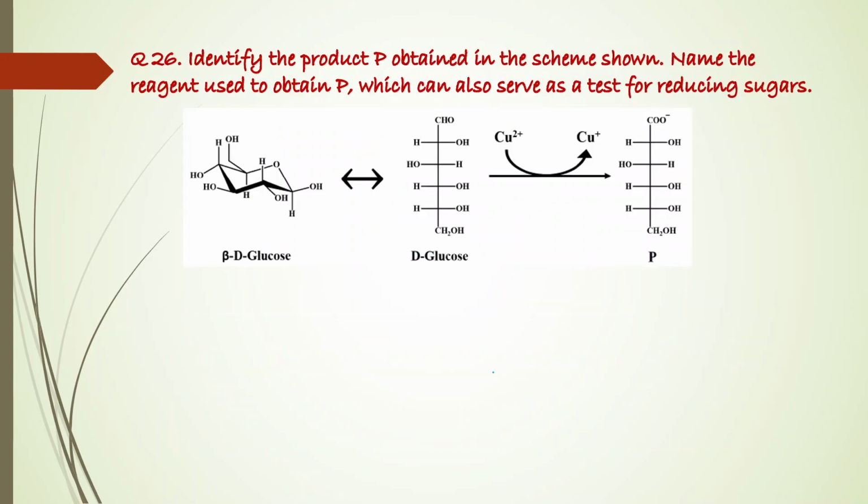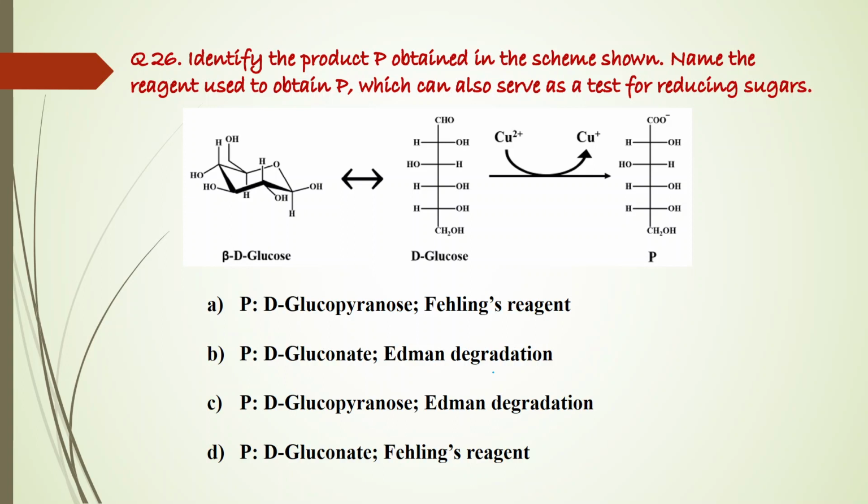I think this is the last question. Okay. So it states, identify the product P obtained in the scheme shown. Name the reagent that is used to obtain P, which can also serve as a test for reducing sugars. So these are your options. You have your beta D glucose, and the open chain structure of beta D glucose is shown here as D glucose.